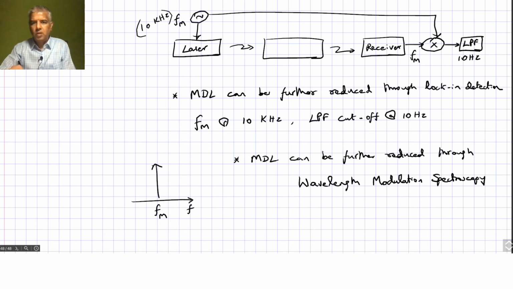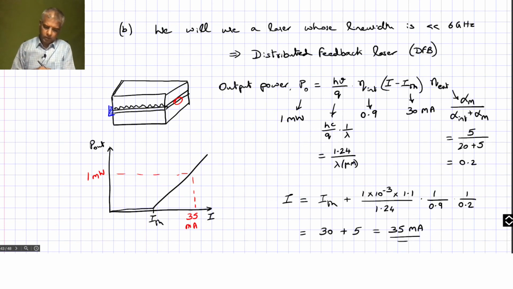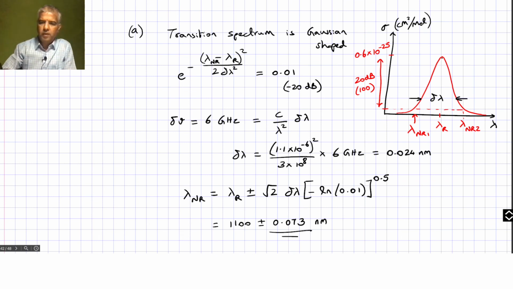That is, instead of just doing an intensity modulation, what if you are able to modulate the wavelength itself, like we talked about previously, at some value FM, and then you are able to do this detection at 2 FM frequency, right?